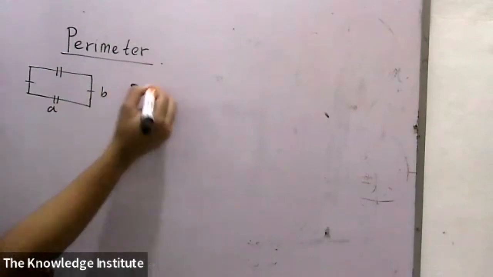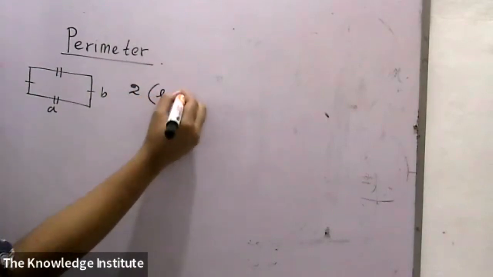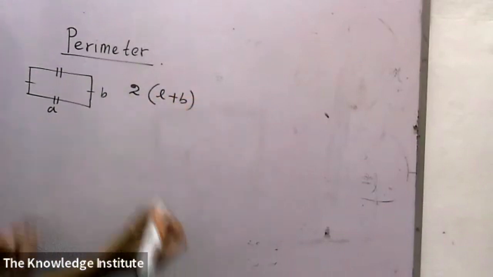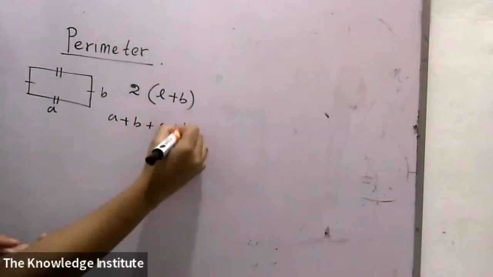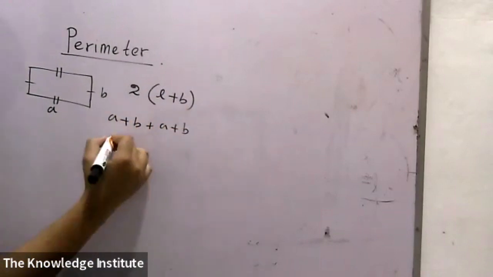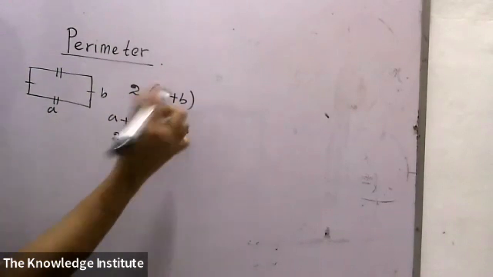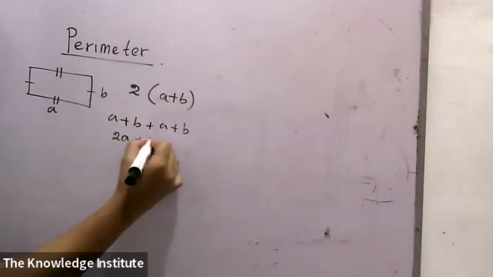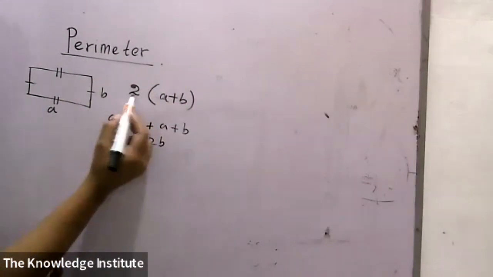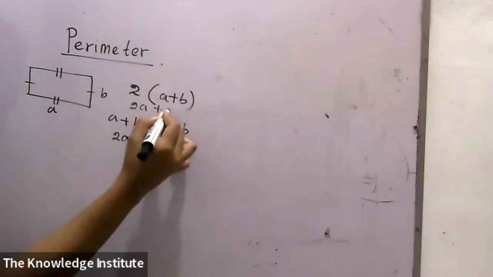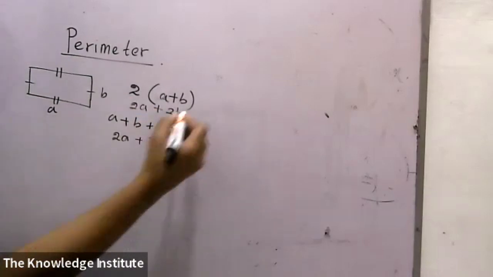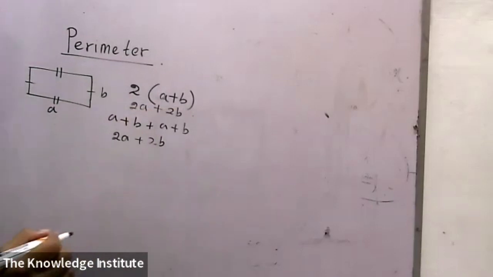So you can do 2 multiplied by length and breadth, or A plus B plus A plus B. That also gives you 2A plus 2B. 2 into A is 2A, 2 into B is 2B. This is what you will get.